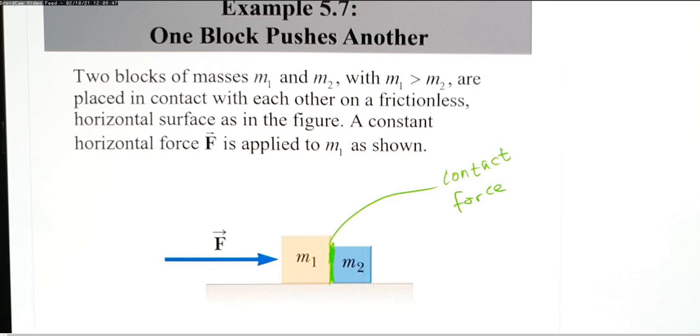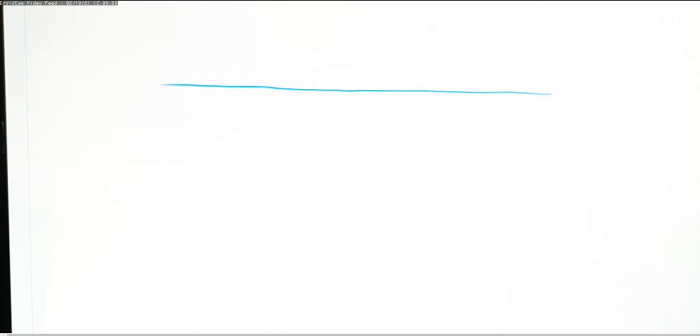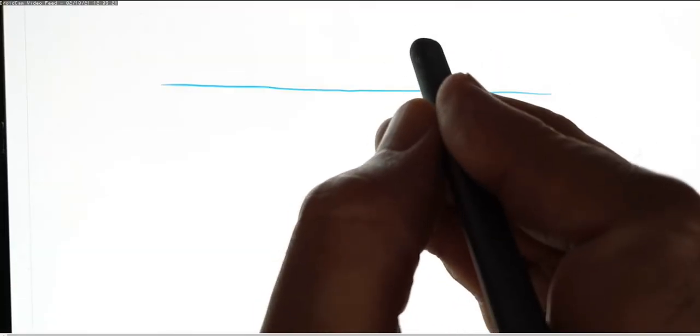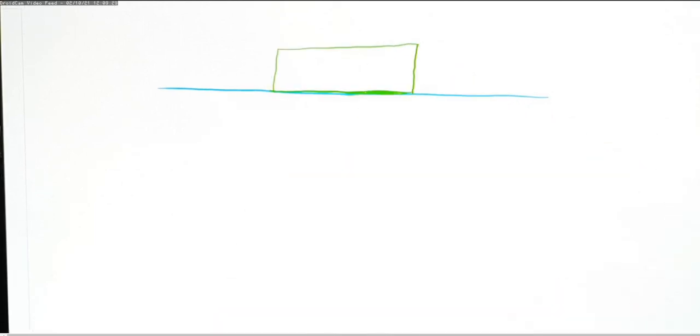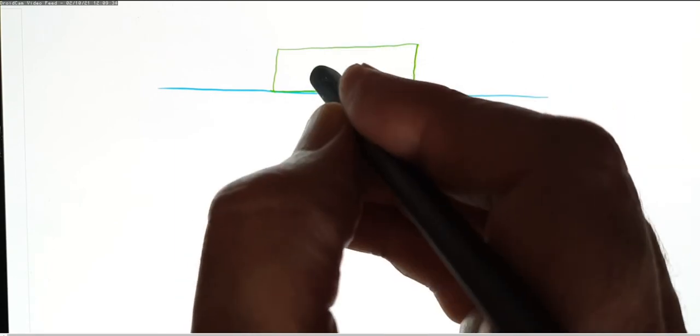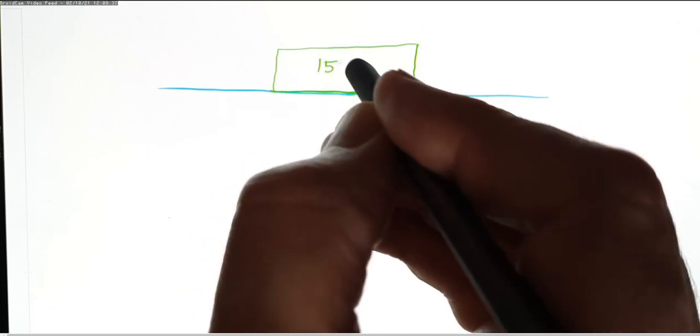Okay, how do we approach these kinds of problems? Let me explain it this way. Suppose that we have a frictionless surface, and we put on that surface a block. Let's assume that block is 15 kilogram.